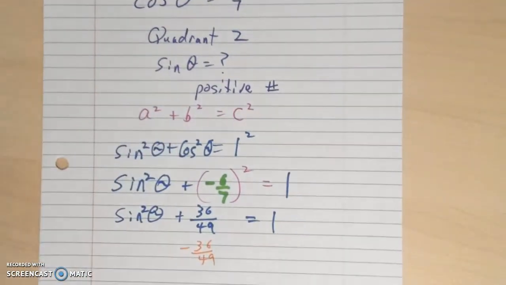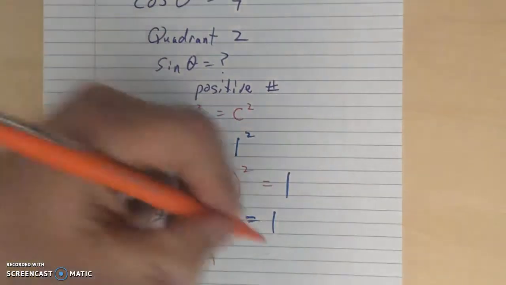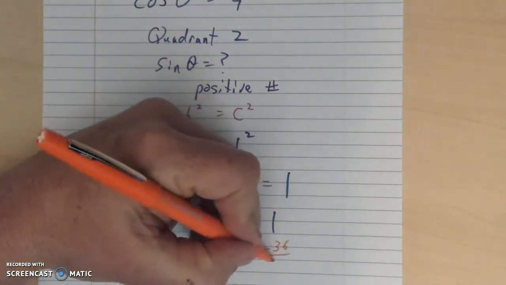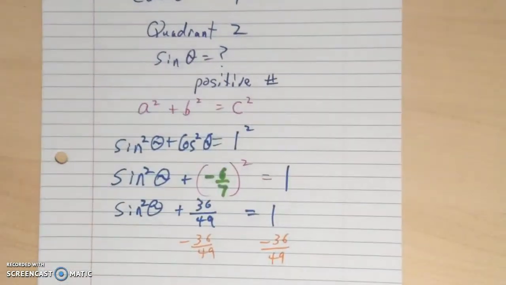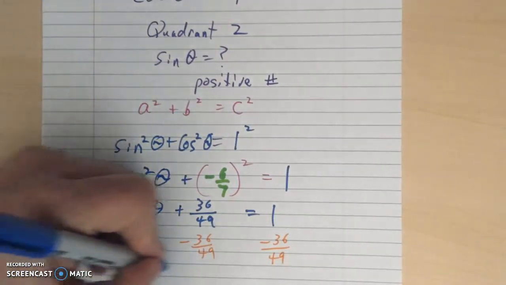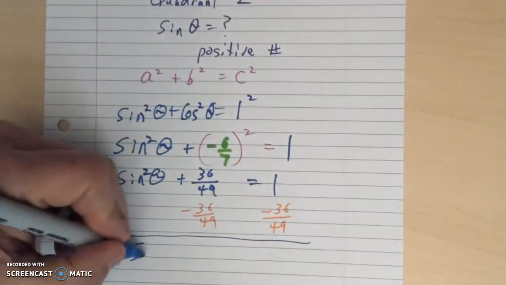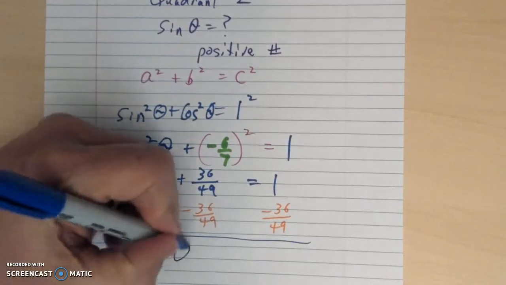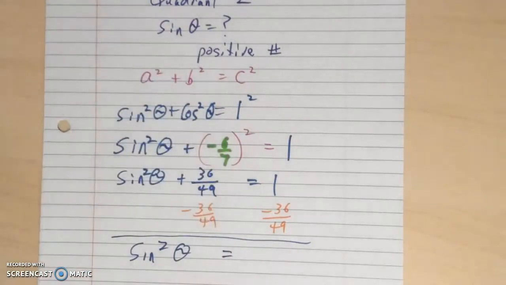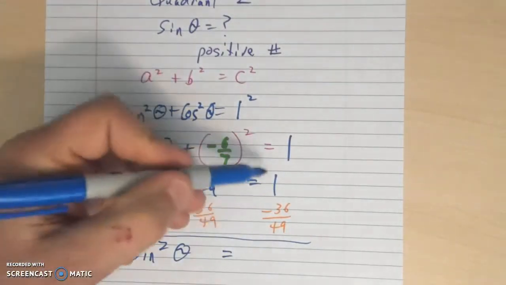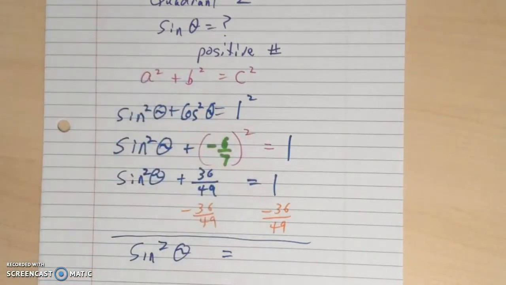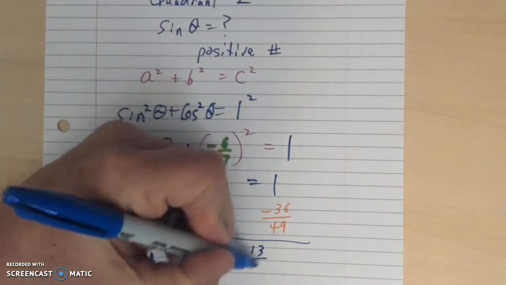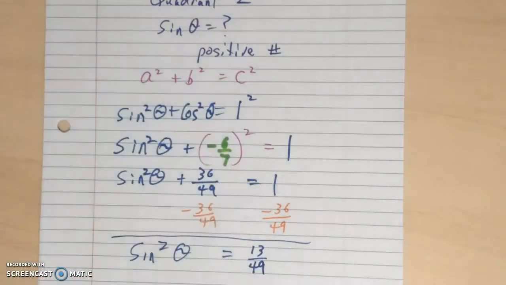And what you do to one side, you do to the other. And let's rewrite where we're going. So we have sine squared theta equals, and then if you just do that in the calculator, 1 minus 36 over 49, that's going to be 13 49ths.